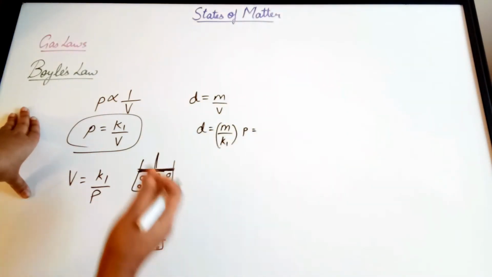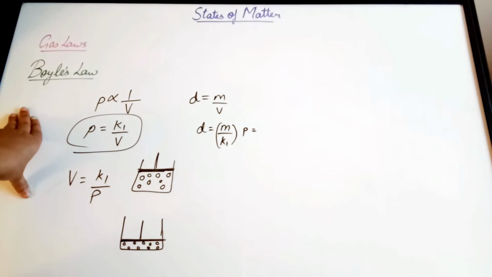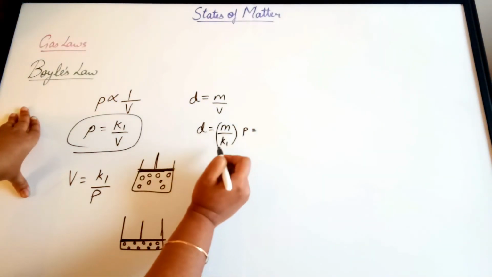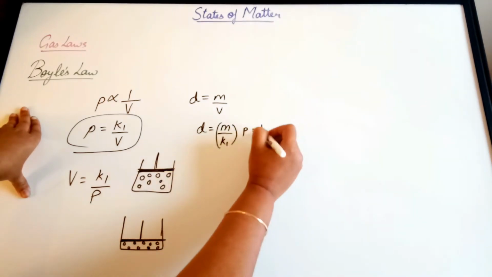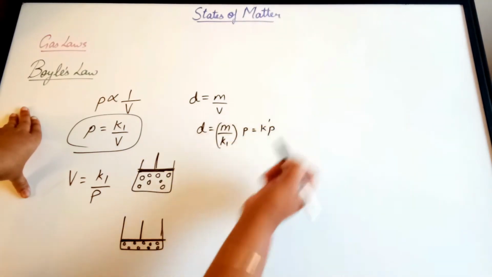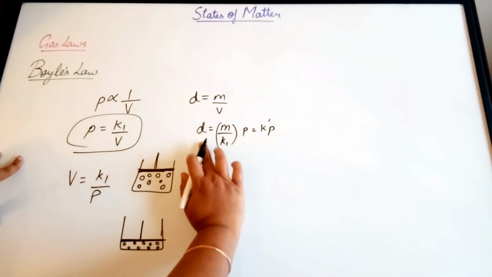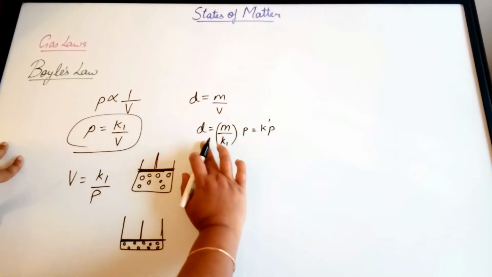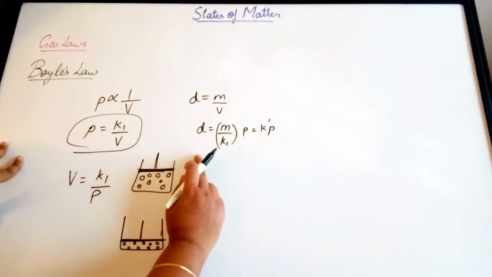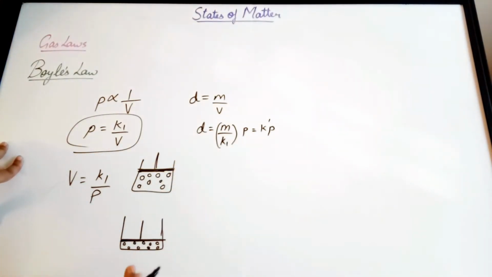Because the amount of the gas is the same, it is a fixed amount. So the mass and K1, these both are constants. So we can write this as K dash P. So at a constant temperature, pressure is directly proportional to the density. So density and pressure are directly proportional to each other, and this is at a fixed mass of gas.